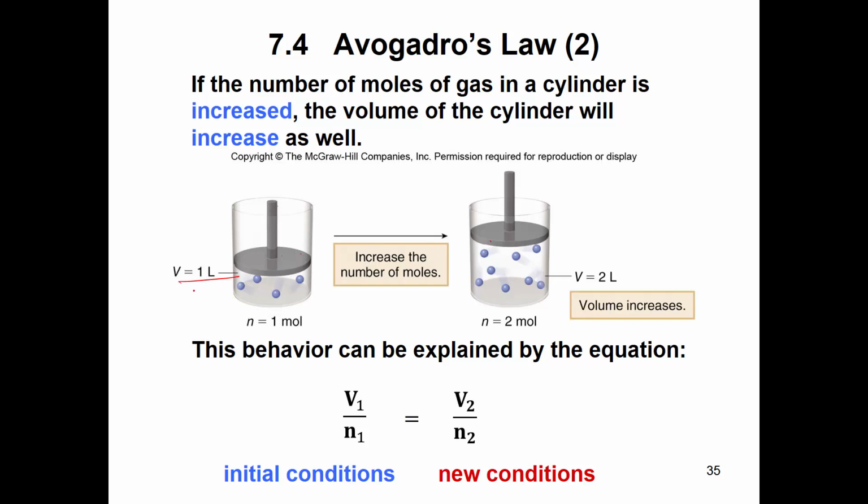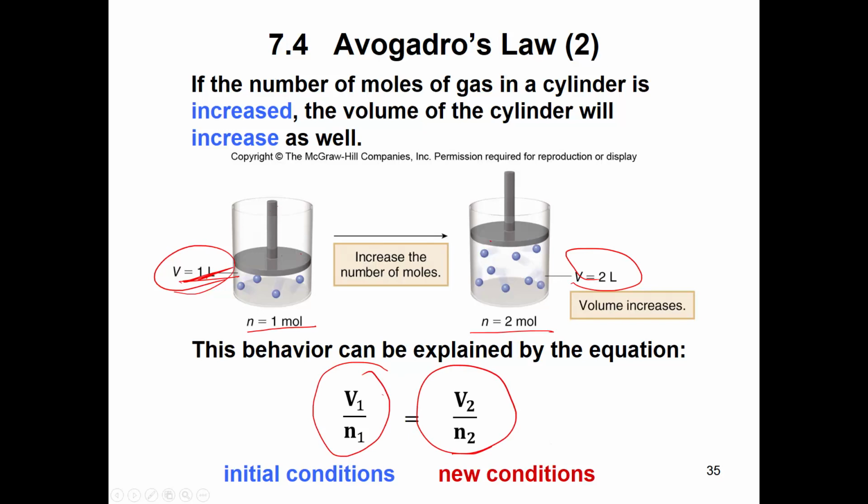If we increase the volume from 1 liter to 2 liters, if everything else is held constant, in temperature and pressure, then instead of 1 mole, we will have 2 moles. It's crazy, I know. All right, this behavior is described as V1 over N1 equals V2 over N2.